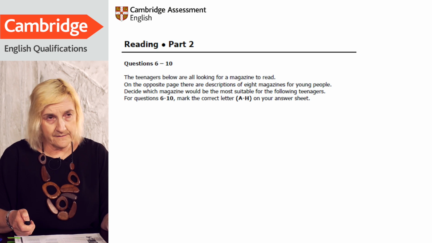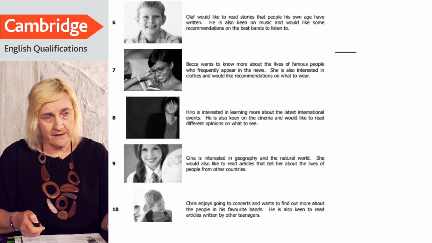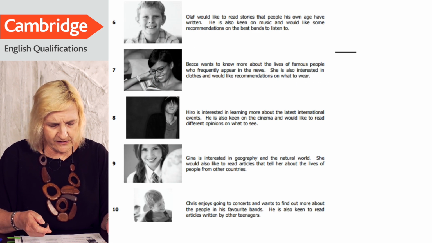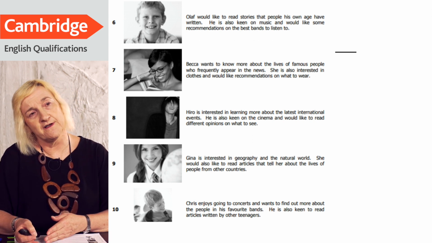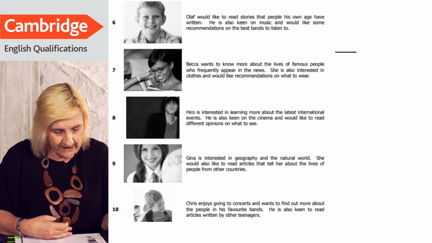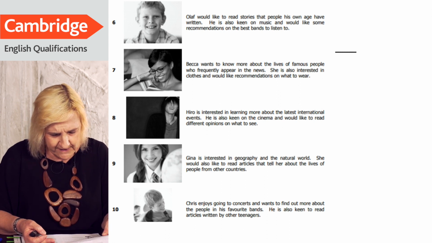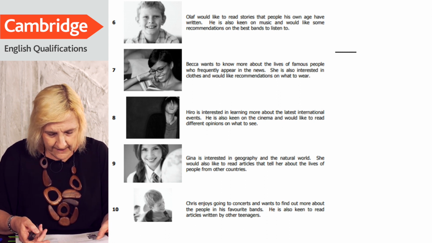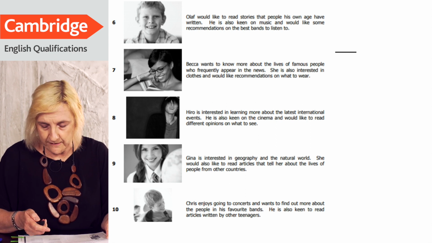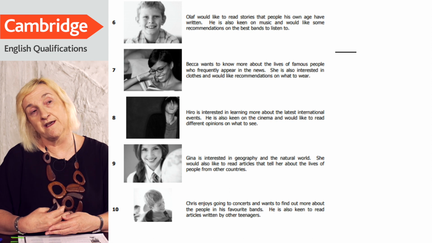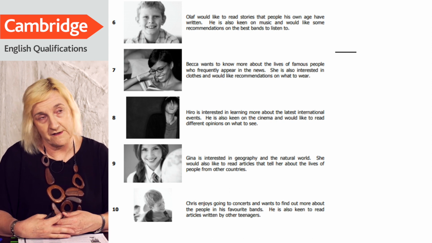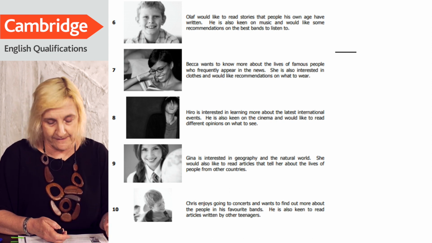So if we look at the instructions, it's important that students look at the people first before we look at the text. So here we have the description of what the teenagers are looking for, and we see this way the students are prepared for what they're going to read for. So they're actually thinking about the reason for reading.